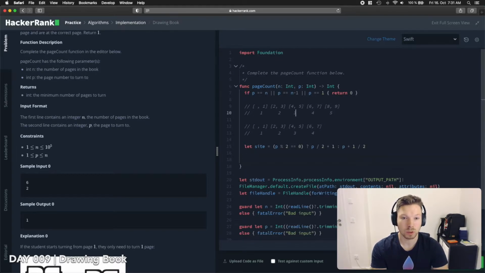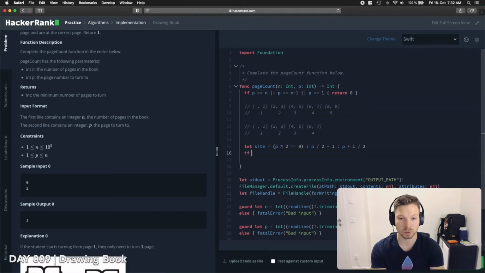So if we are here, for example, that means if n divided by 2 is not an even number, then we want to say n divided by 2 plus 1, so we know this is the middle of it, and then we want to say how many turns would this be? It would be 1, 2 turns.